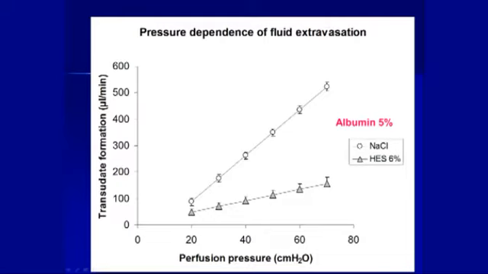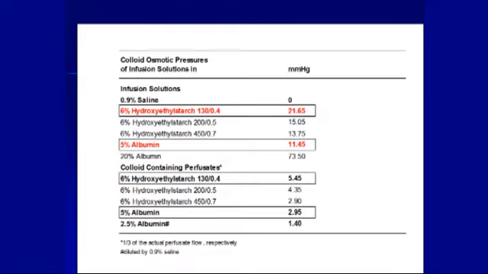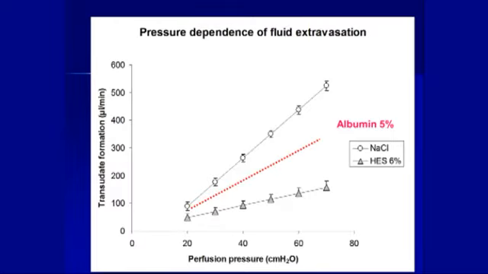Let's have another look at the respective colloid osmotic forces. Albumin at a comparable concentration provides only half of the colloid osmotic pressure of hydroxyethyl starch. Consequently, one should expect this natural colloid to lie between saline and starch concerning pressure-dependent fluid extravasation. We found the opposite.